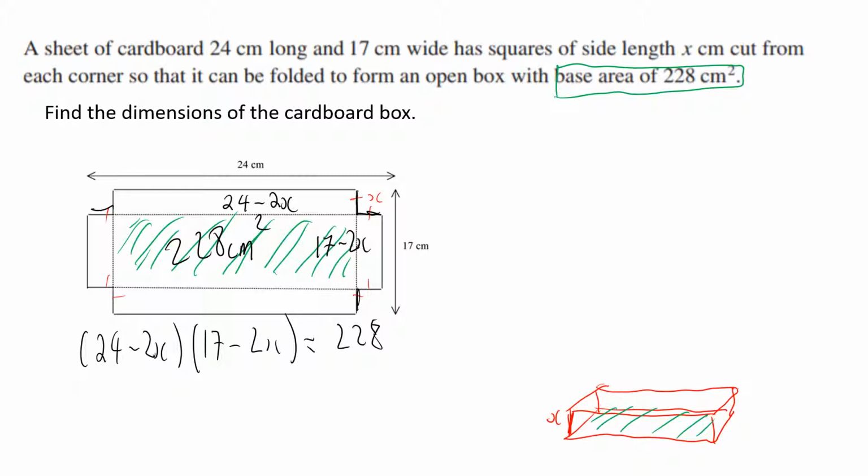Okay, so we can go in and do it by hand. Expanding brackets would be 4x squared.